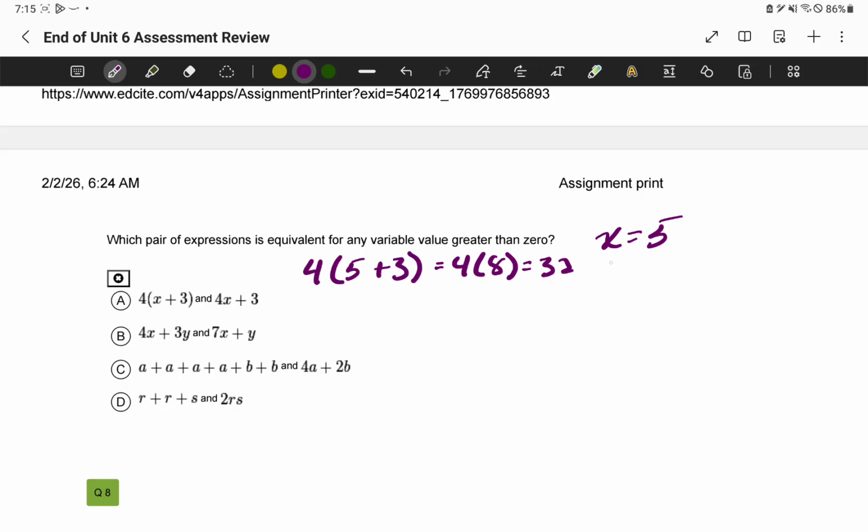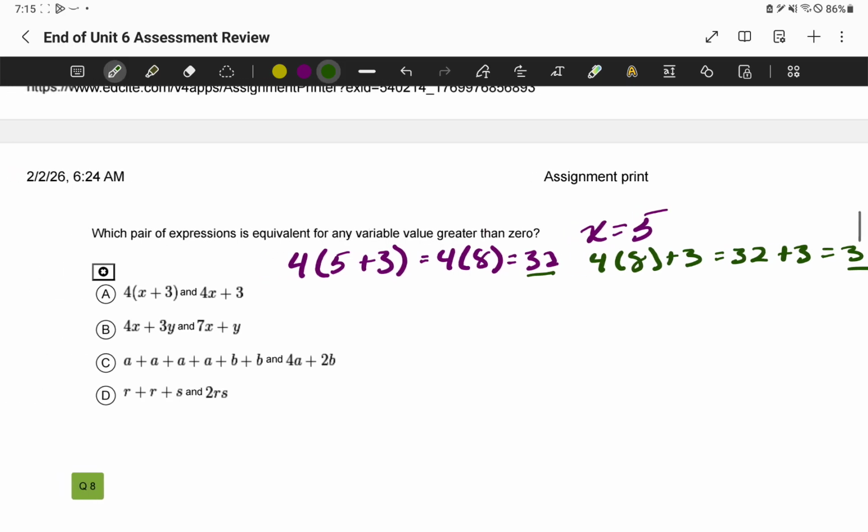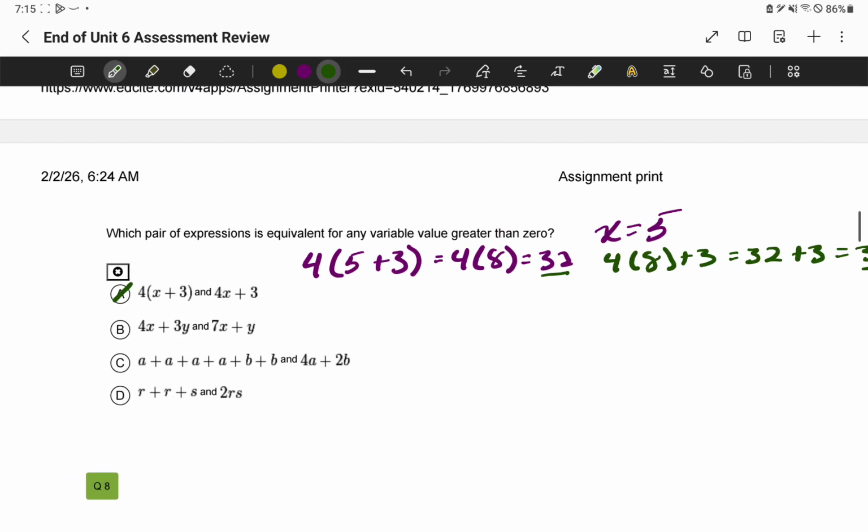Well, then I do 4 times 8 plus 3. 4 times 8 is 32, plus 3 is 35. 32 is not 35, so not A.